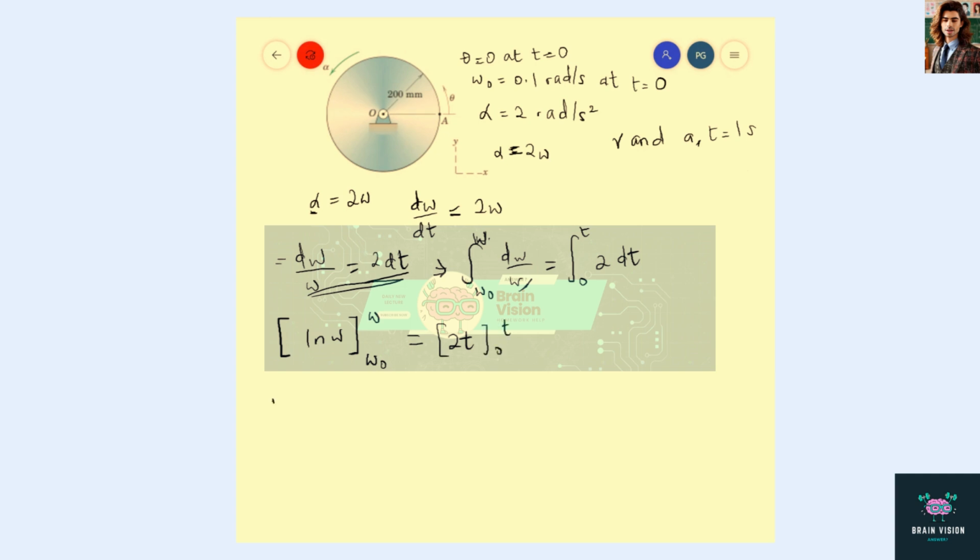Solving, we get ln omega minus ln omega naught is equal to 2t.